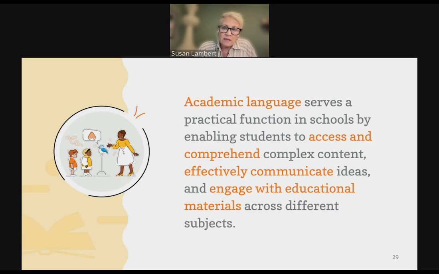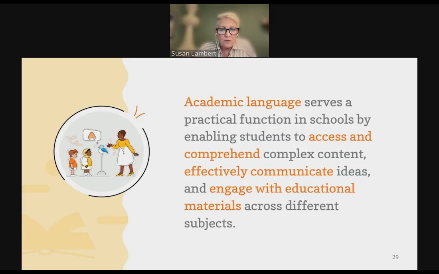So academic language serves a very practical function in schools. It helps students access and comprehend complex content. It will help them communicate their ideas and engage with those educational materials across different subjects.